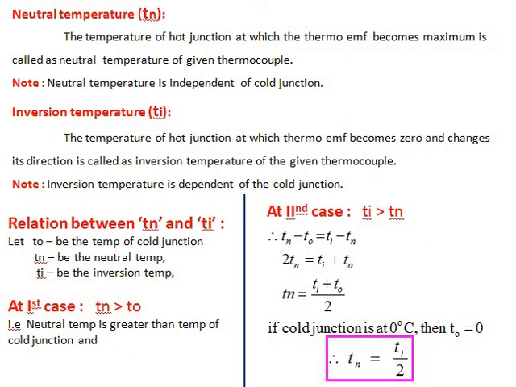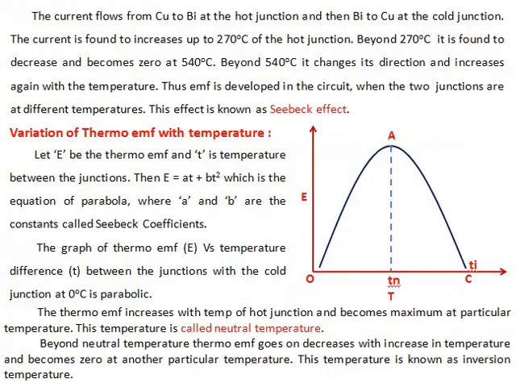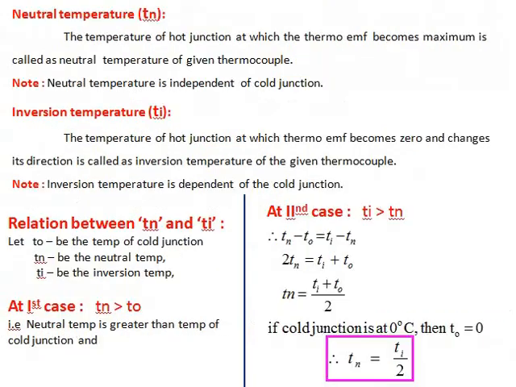Then next is the inversion temperature. After the neutral temperature, if you further increase the temperature of the hot junction, thermo EMF goes on decreasing and reaches a minimum. After that, if you increase further, it reverses. That we studied in the previous class.